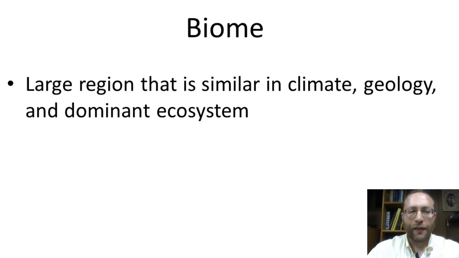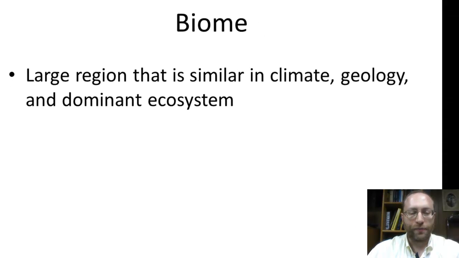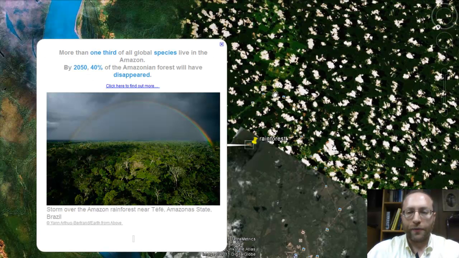And when you go below that, then we come to the level called the biome. And the biome is a large region that is similar in climate, geology, and it's named after the dominant ecosystem. Okay, this first biome that we're looking at, and we're by no means looking at all the biomes, is tropical rainforest.